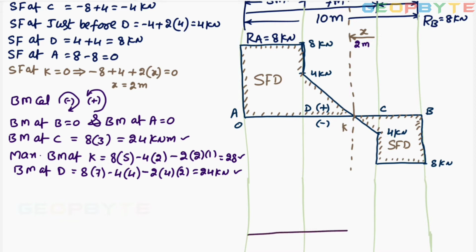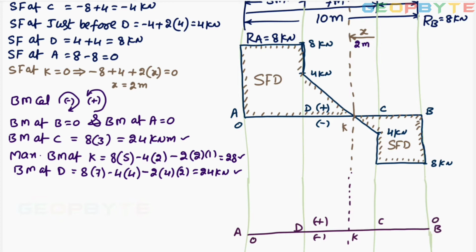Bending moment diagram is always on the positive side in case of a simply supported beam. This is positive, negative. Project from K also for marking the maximum bending moment like this. Okay, this is the A, this is the B, C, K and D. Bending moment at A equal to 0, B equal to 0.